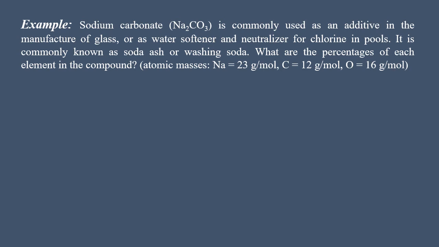What are the percentages of each element in the compound? The atomic masses of the elements in the compound are the following. For sodium, it is equal to 23 gram per mole. For carbon, it is equal to 12 gram per mole. And for oxygen, the atomic mass is 16 gram per mole.